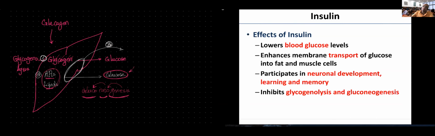For the extra glucose that I have in the blood, at this point I won't need it to produce energy, so what will I do with it? I will convert it into its storage form by converting this glucose into fat or into glycogen.